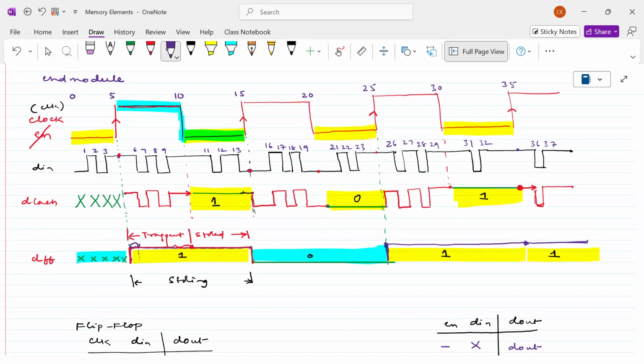Just conventionally, whenever there is a change, I mention the delay values.